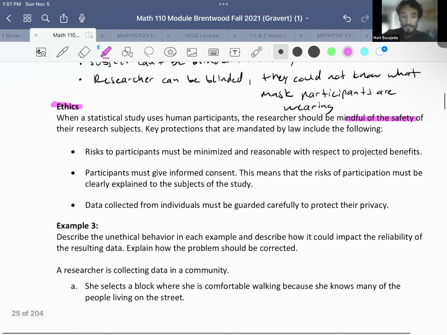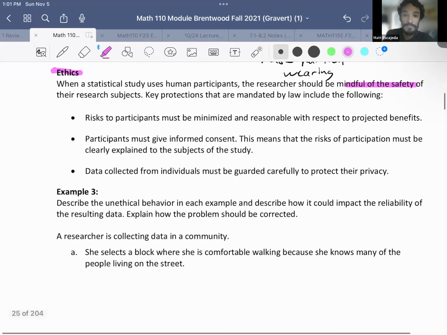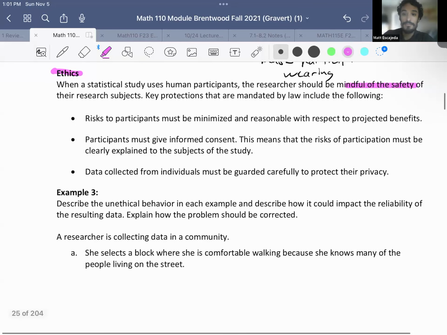Risk to participants must be minimized and reasonable with respect to projected benefits. Participants must give informed consent. This means that the risk of participation must be clearly explained to the subjects of the study, and data collected from individuals must be guarded carefully to protect their privacy. Okay, so let's look through examples and see what problems can arise in the ethics.